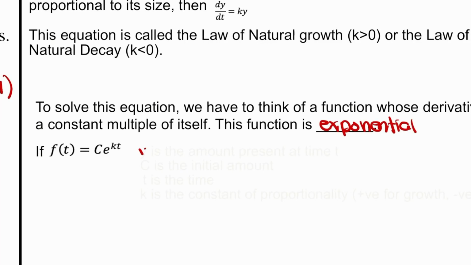So y is the amount present of whatever it is we're working with at any time t. Okay. c is just the initial amount.